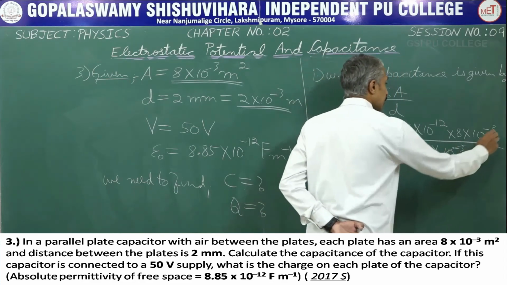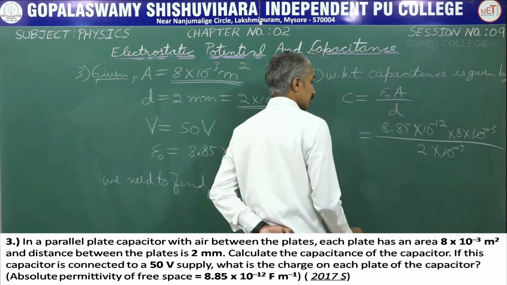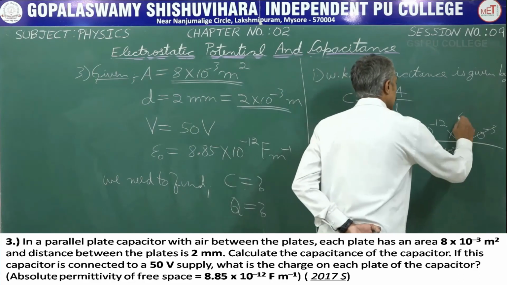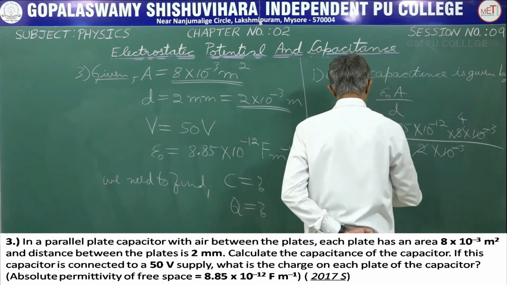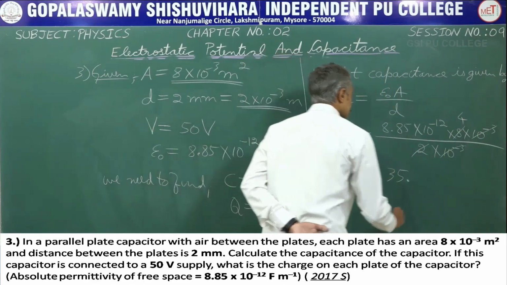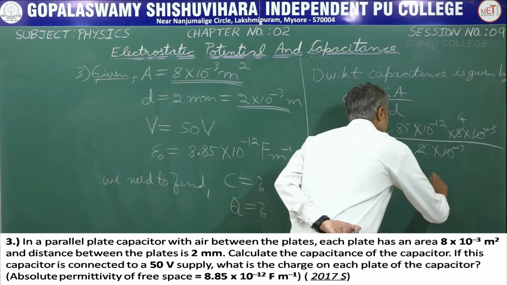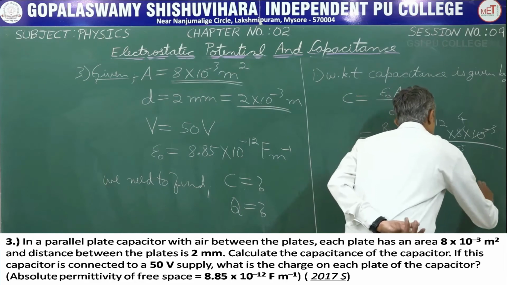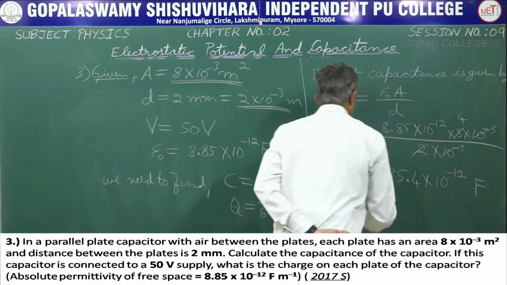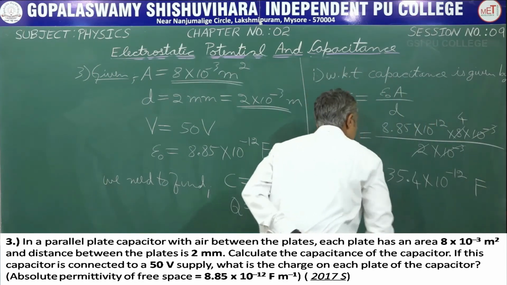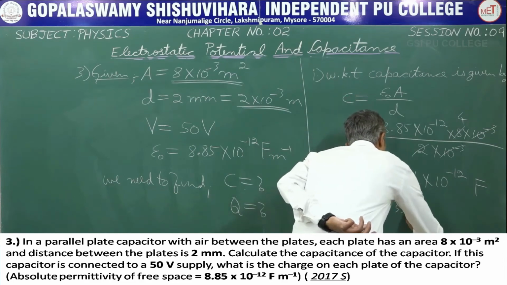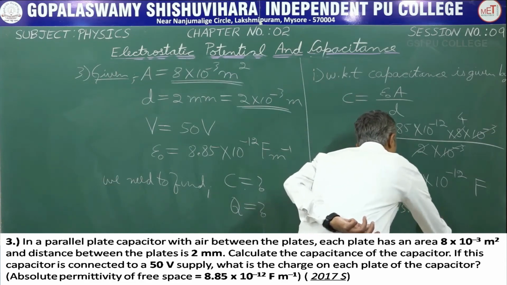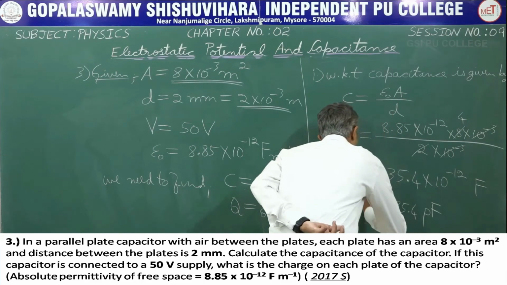So 10 to the power of minus 3, 10 to the power of minus 3, you can cancel, and 2 fours are 8. On simplification, we'll get this as 35.4 into 10 to the power of minus 12 farad. So you can write this as 35.4 picofarad.